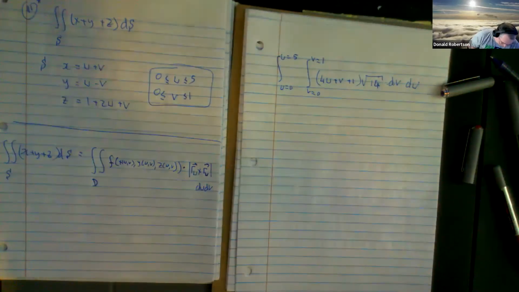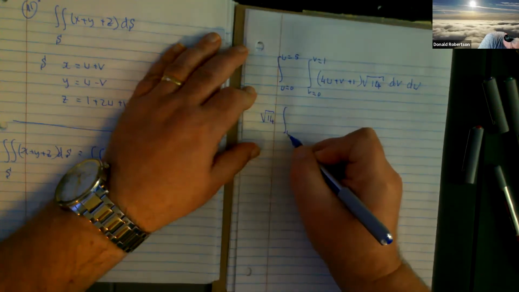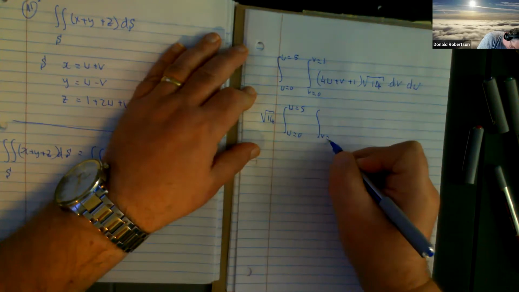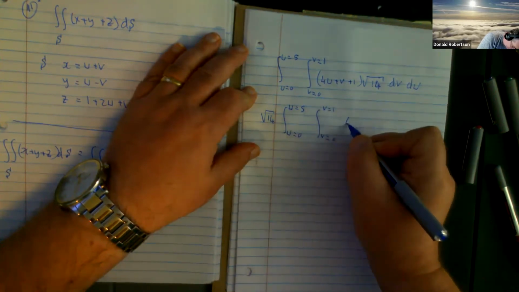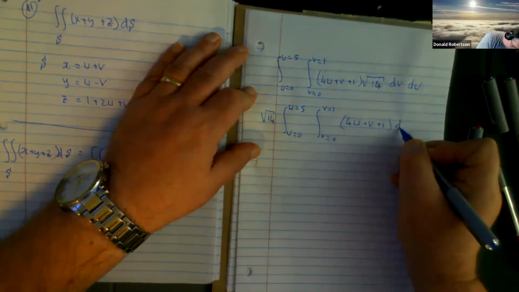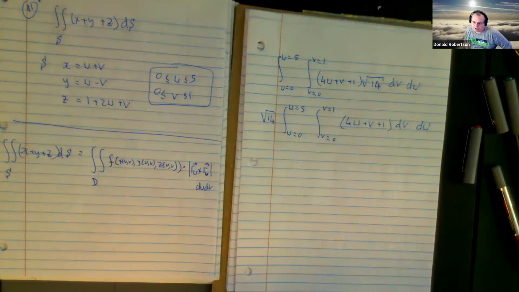I would probably tidy that up just a little bit, pull out the square root of 14. We're comfortable that we could integrate that double integral. Pretty reasonable.